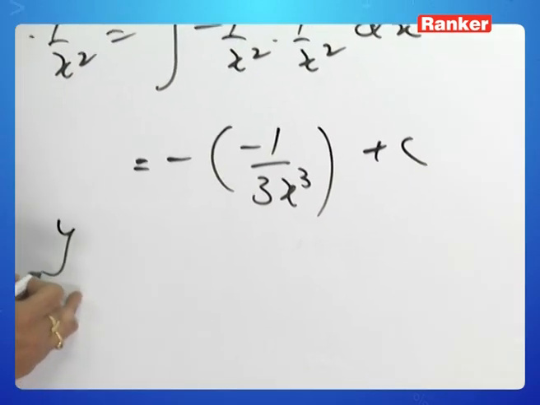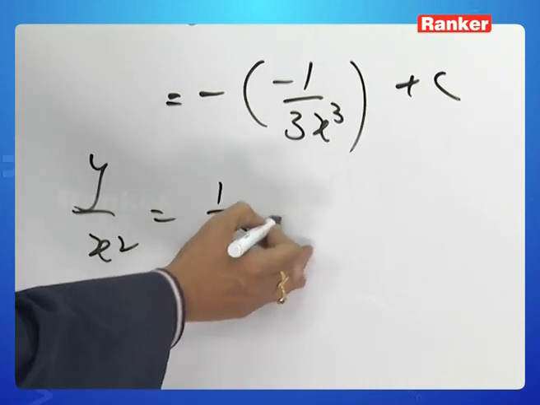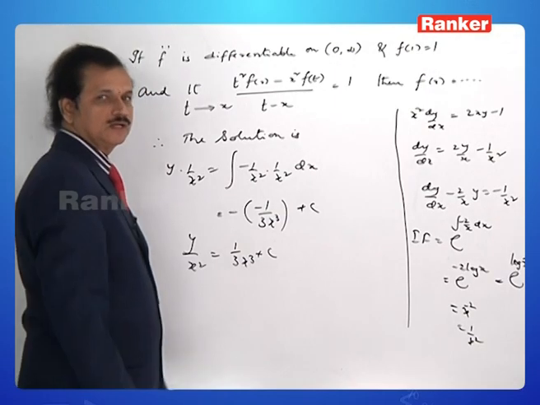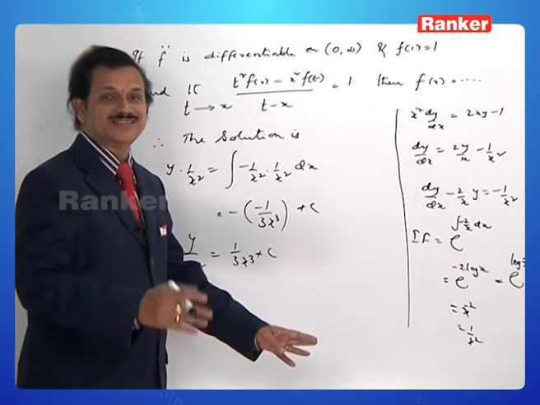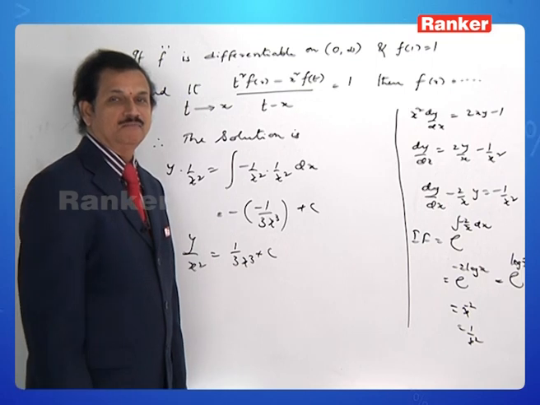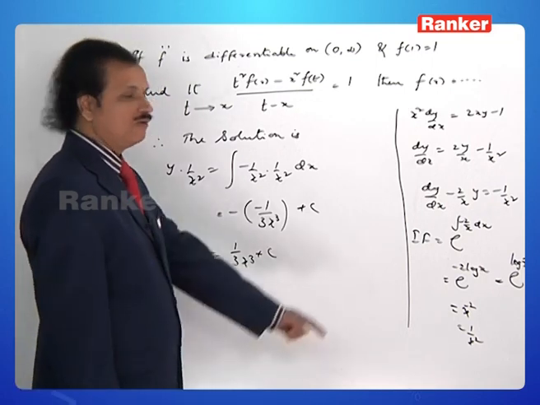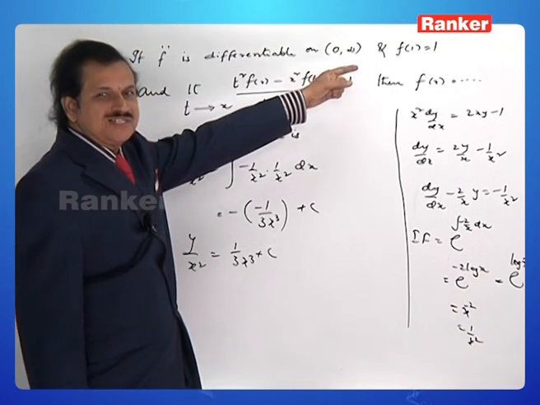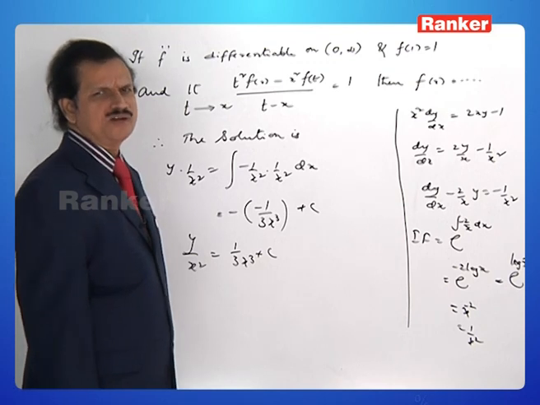So, y by x square is equal to 1 by 3x cube plus c. Well, is it over or is there anything remained? My dear friend, you please notice that one more piece of information is there which is not yet used. What is that? F of 1 is 1. What is f of 1?